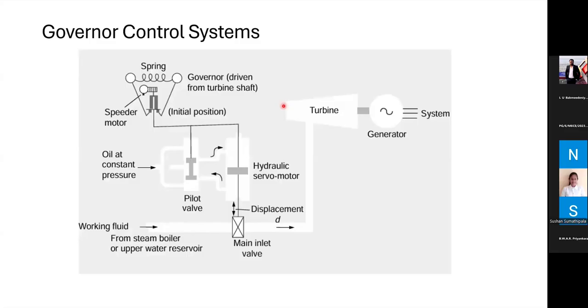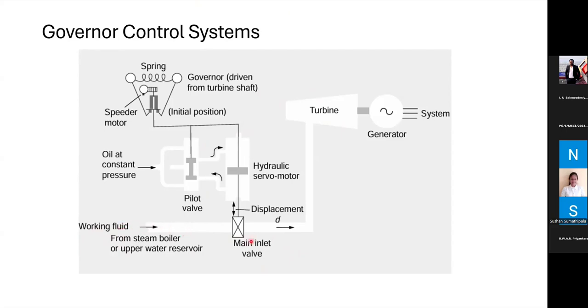With regards to the control systems of a generator, this indicates in a simple manner how the working fluid or water is being directed to the turbine via the governor system. This is in general true for both thermal as well as hydro generators. You have the working fluid, the water in our hydro case.